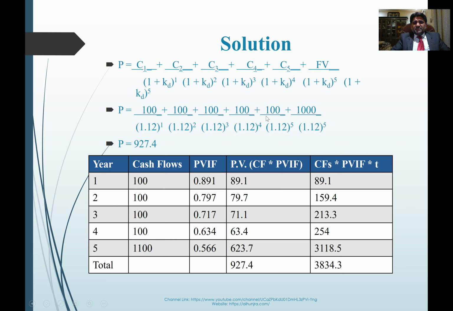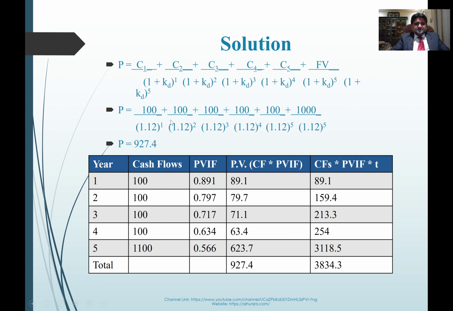We can solve, up to you. Here you can put 1100 divided by 1.12 raised to the power 5, or you can solve it separately. Once we simplify it, the fair price of the bond is $927.4.